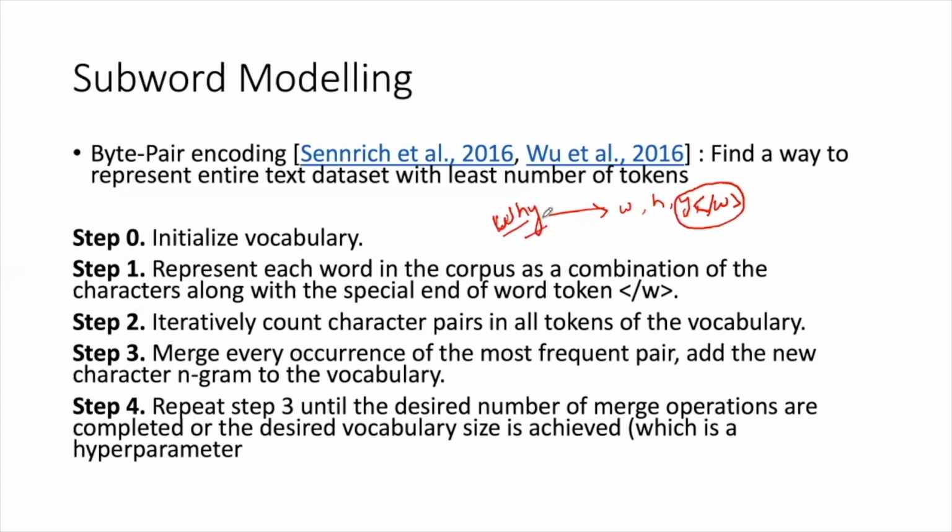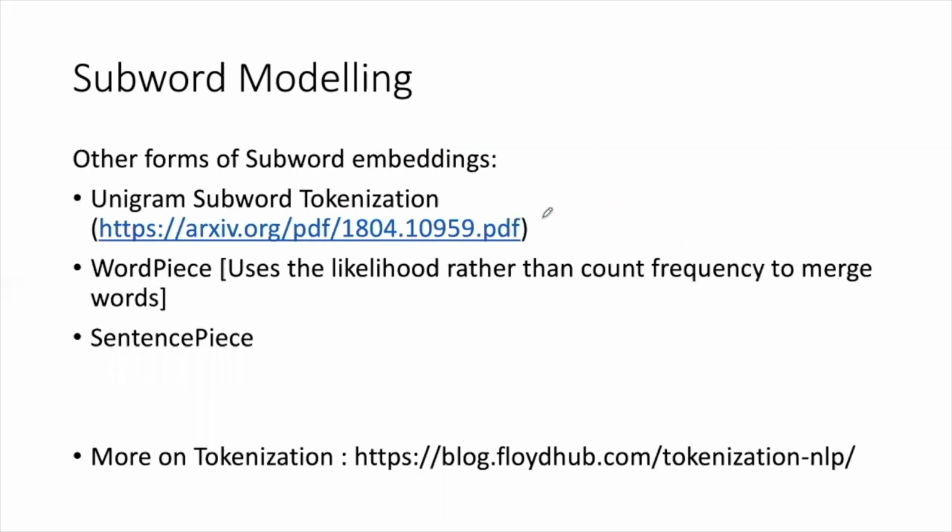We count all such two-character pairs, and once we count them, we find the most frequent pair and add that pair to the vocabulary. We then repeat this process, finding the most frequent pair in each iteration and adding it back to the vocabulary. That's the overall idea of byte pair encoding.